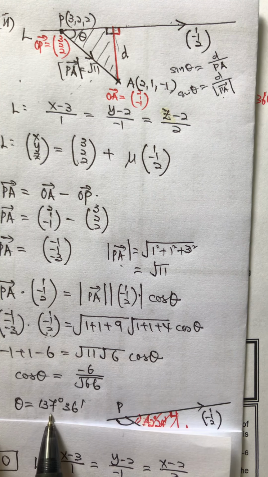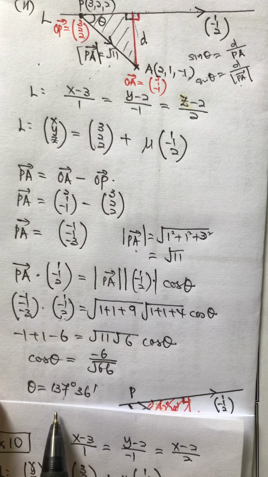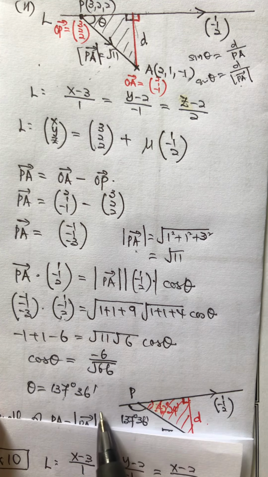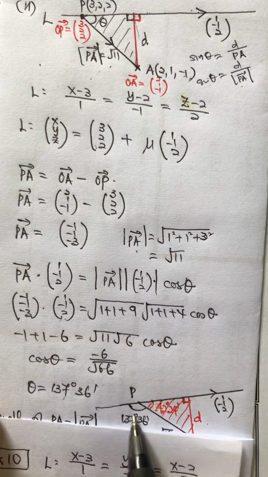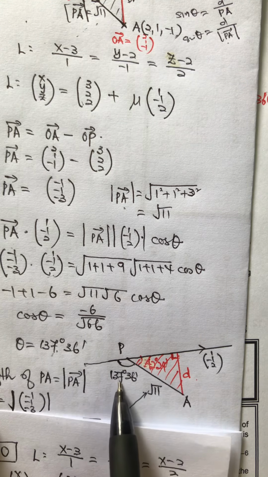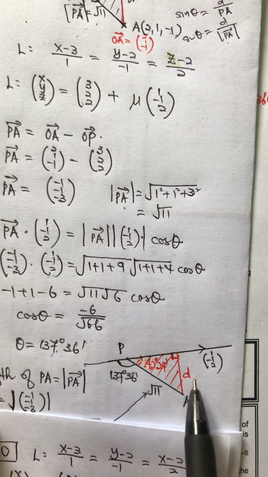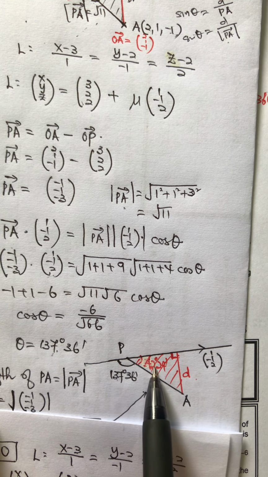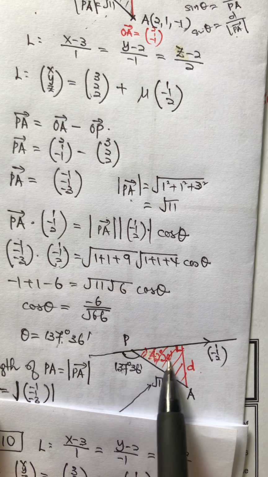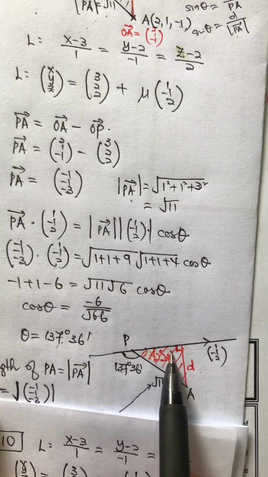Then you find with your calculator. I found just now it is 137.36. That means the angle that we get is this one, because this is obtuse. Because I want to find D, I must take the acute angle, which is 42.24 degrees. So I can get this angle is this one.